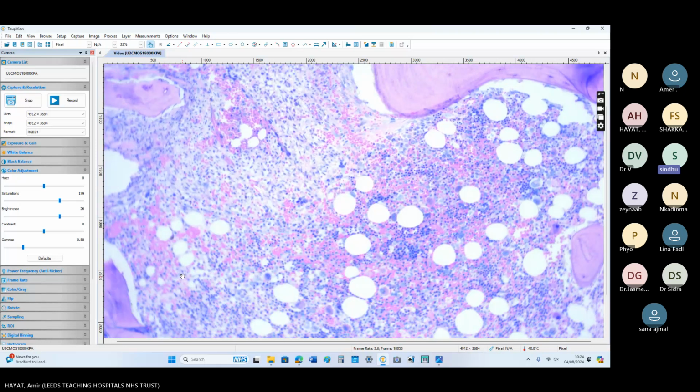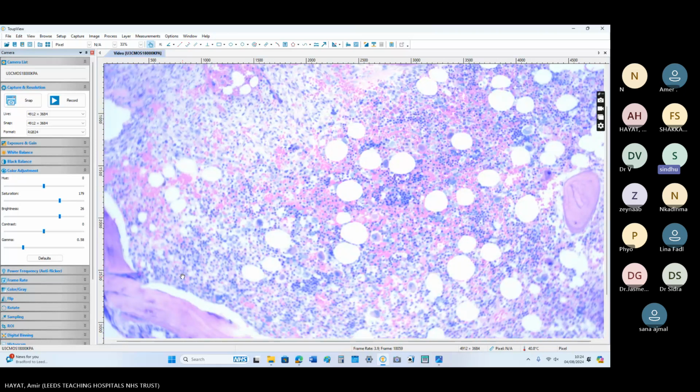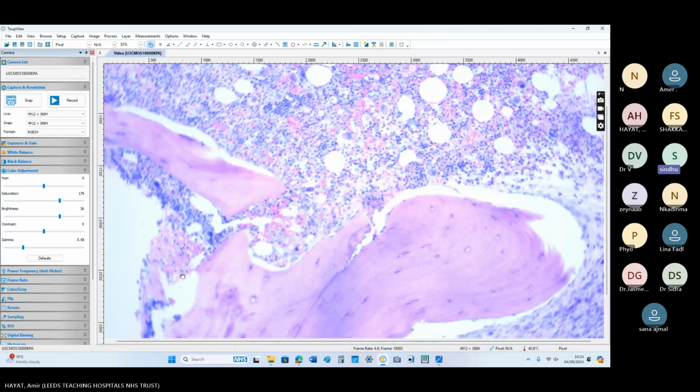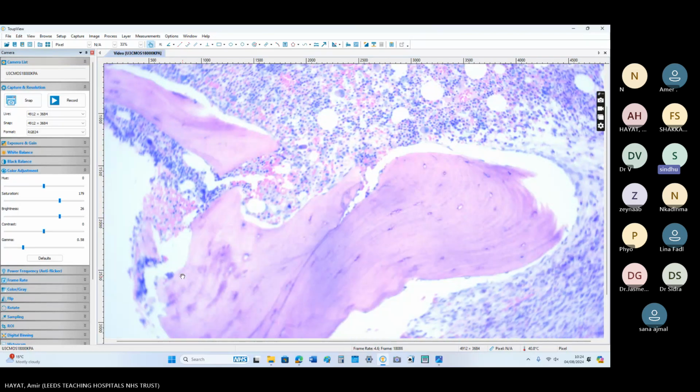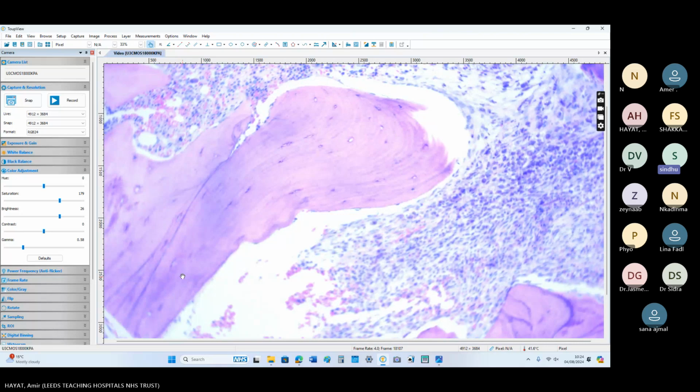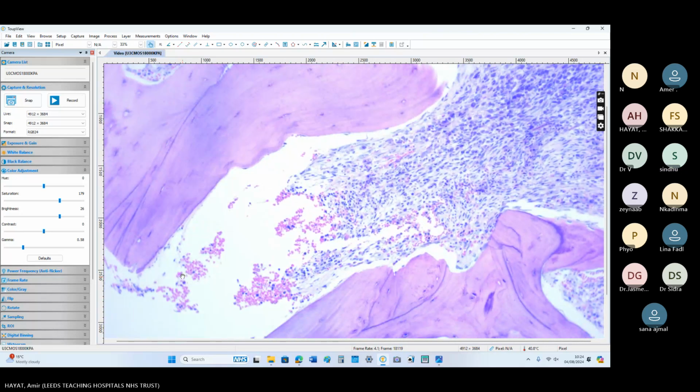Spindle cells are also prominent in the peritrabecular areas, and trilineage hematopoiesis is active, and trabeculae are also thickened.